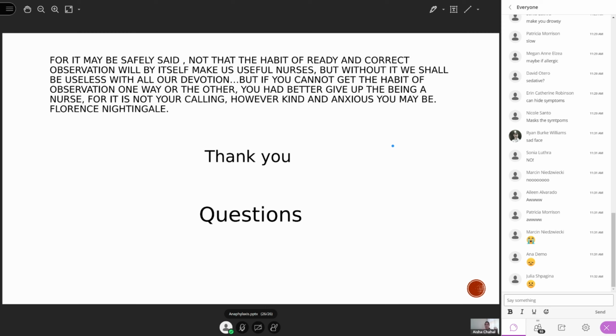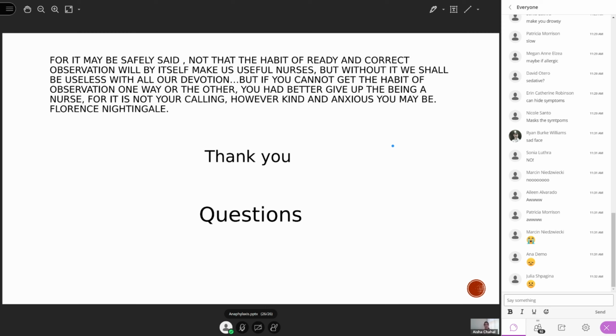She says the skill of observation and assessment, which is your interview, observation, physical assessment, and diagnostic tests, by itself may not save the patient just by observing. Obviously, you have to do some intervention and call the provider. But if you don't have this skill, no matter how compassionate you are, we as nurses are useless. Can't be more straight than that.